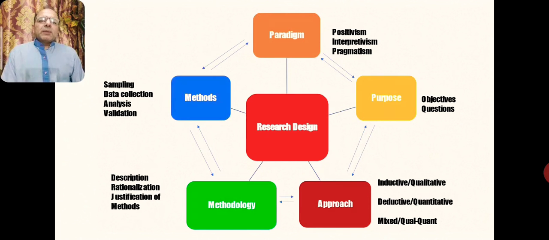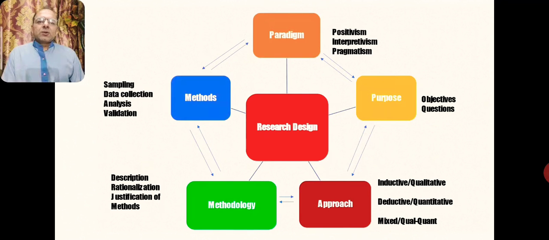Then we come to methodology, which is also something that researchers need to think about when they are thinking about their research design. Methodology is the description, rationalization, and justification of the particular research methods that are being used.